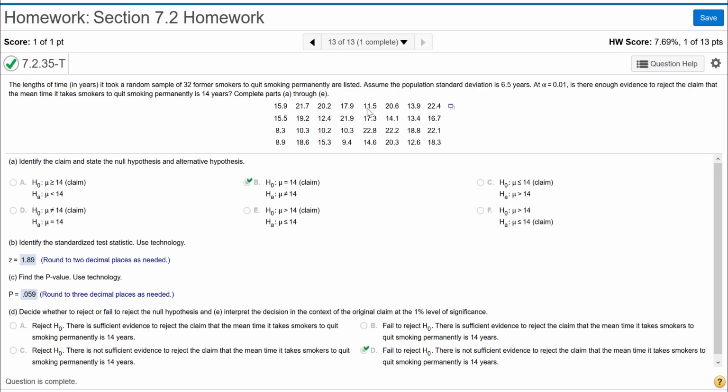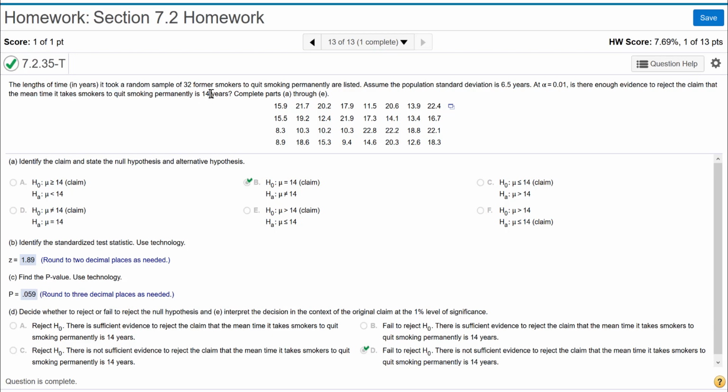So first things first, before we get to the data, we want to make sure that we get our hypothesis claim. As we look here, assume the population standard deviation is this, and the question is whether there is evidence to reject the claim that the mean time it takes for smokers to quit smoking is 14 years.